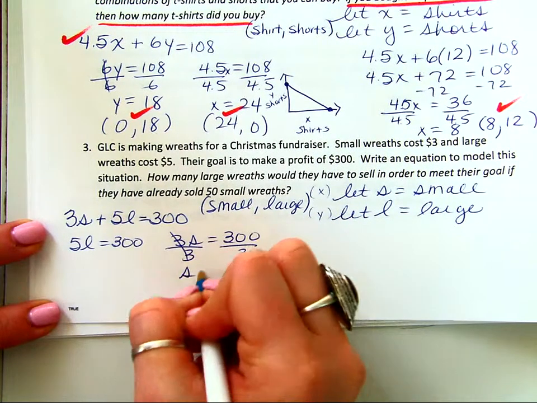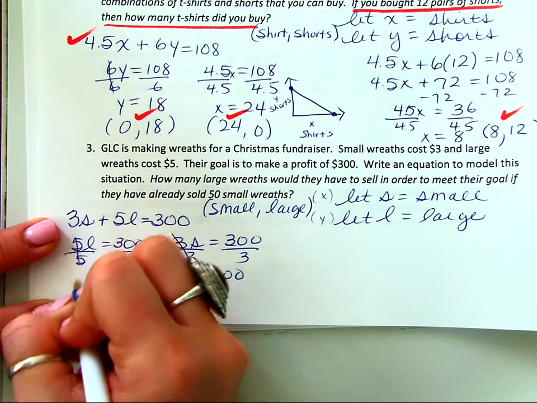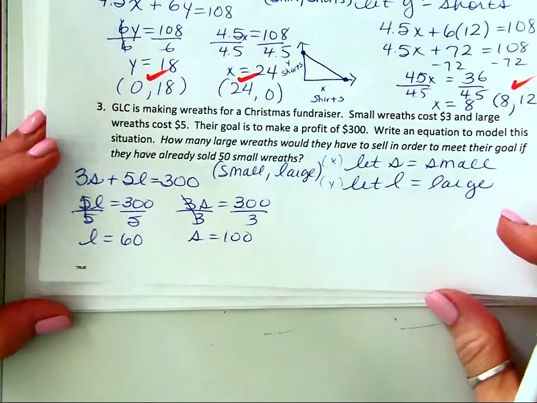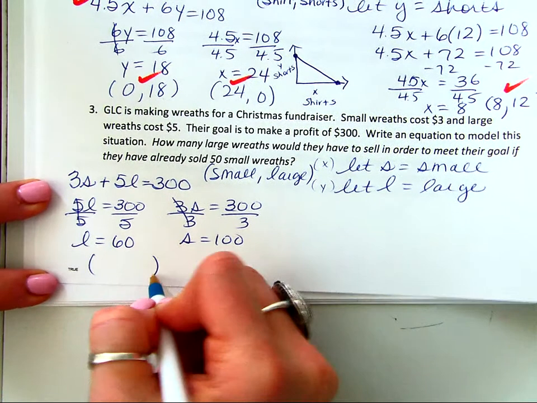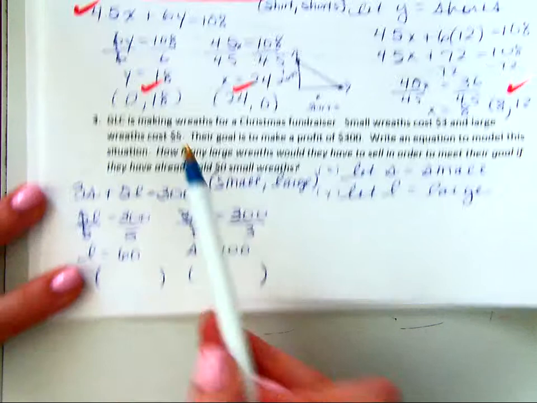Now, here's what I was talking about earlier. When you find out that L equals 60 and S equals 100, it's really not as easy to make those ordered pairs now, is it? Because you're kind of like, shoot, which one's 0 and which one's, you know what I mean? So sometimes sticking with the x and the y makes it easier to do those.